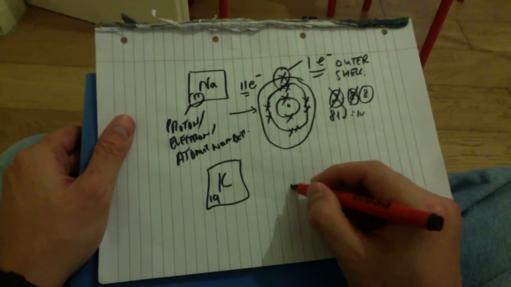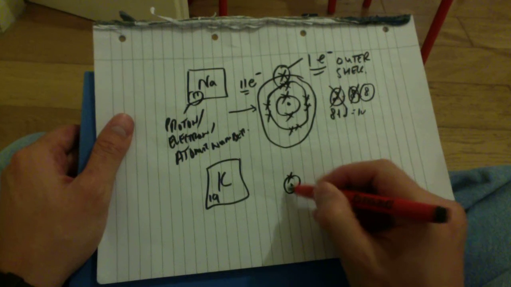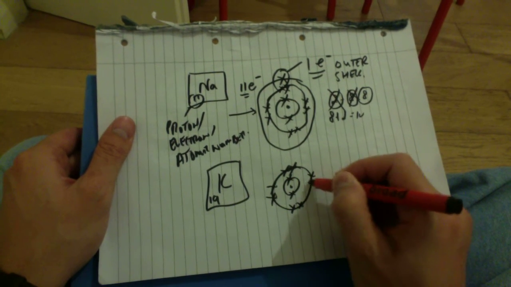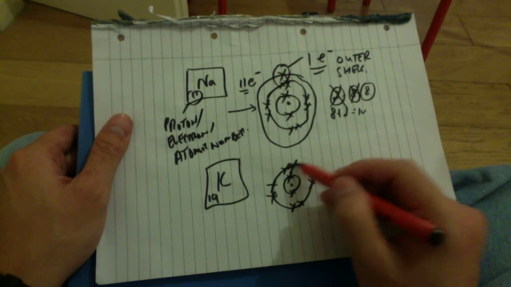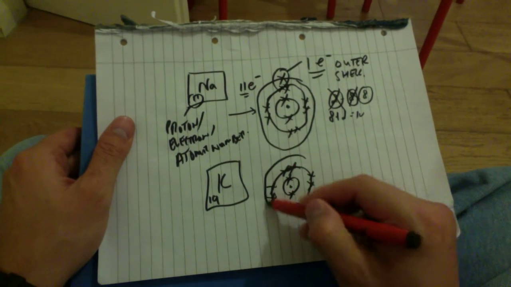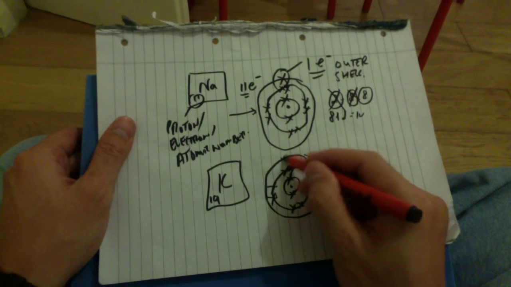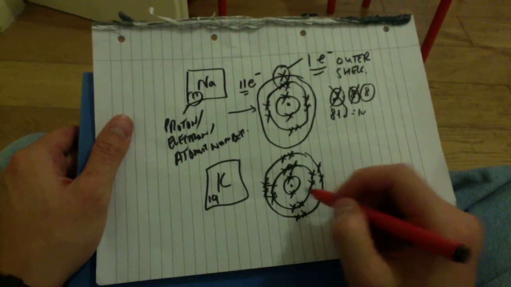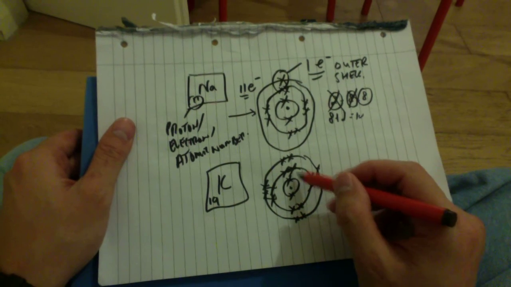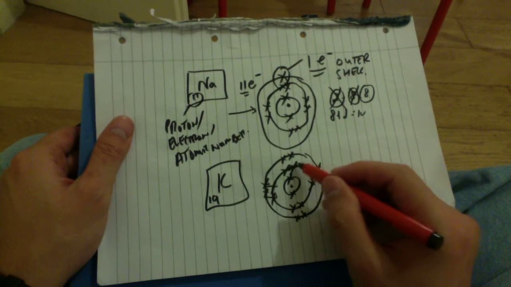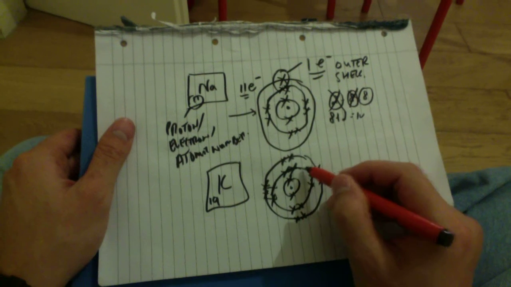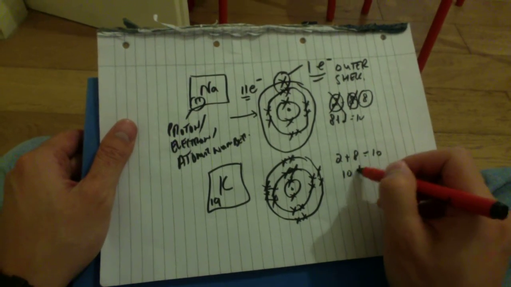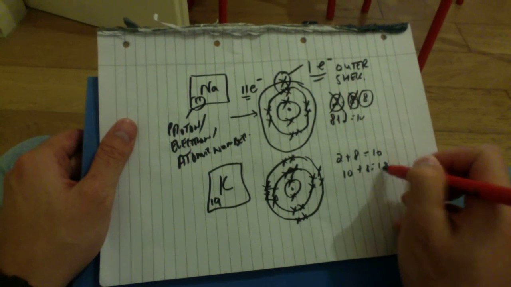Let's look at this again. 2, then 8, that's 10, and 10 plus 8 is 18.